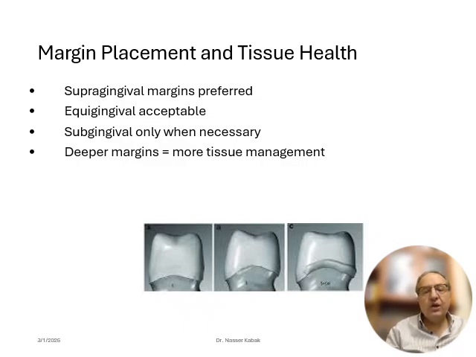In certain situations, when we need a good emergence profile and for aesthetic reasons, it's better to place the margins of the restorations subgingivally. In these situations, we should be careful not to damage the periodontal tissues.